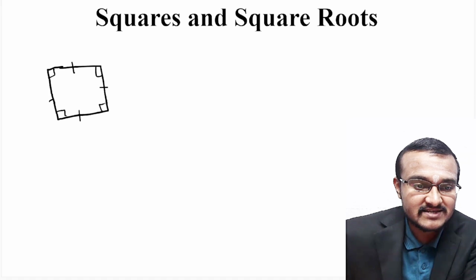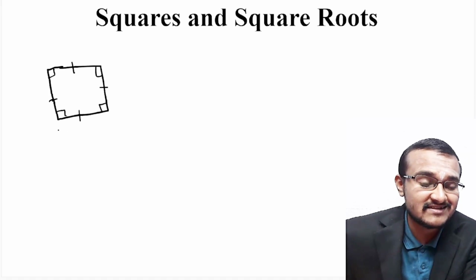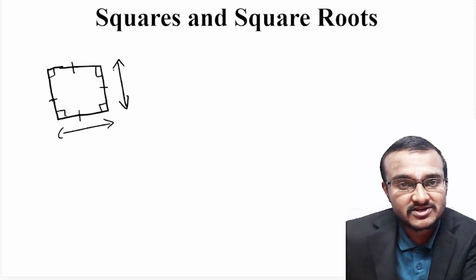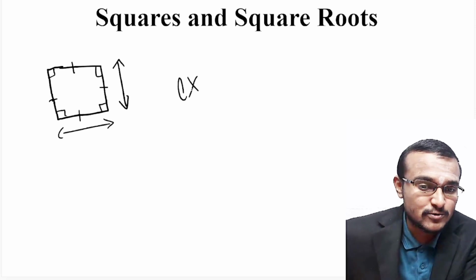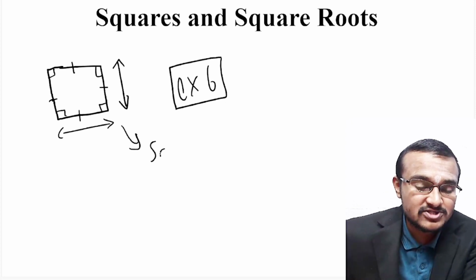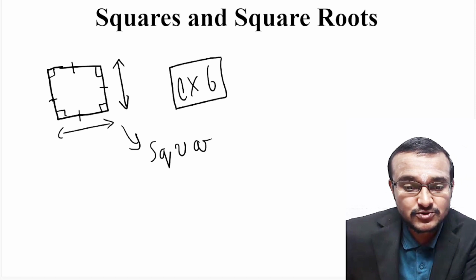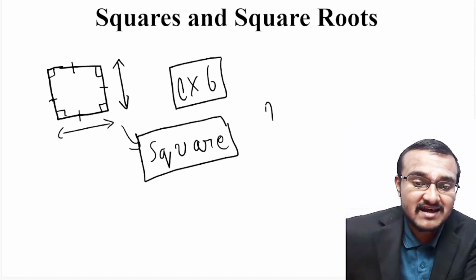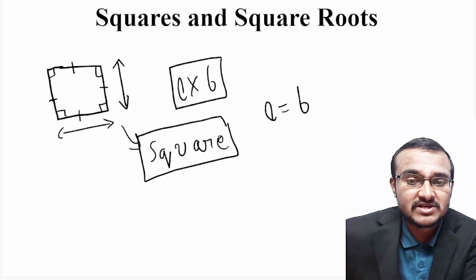Since all its sides are equal, if you calculate the length and breadth of this square, then L into B, that is length into breadth, will account for the square. That shows a square is something which has its length and breadth the same.